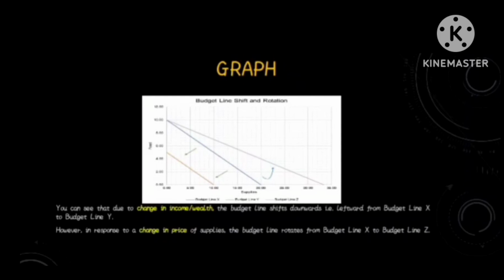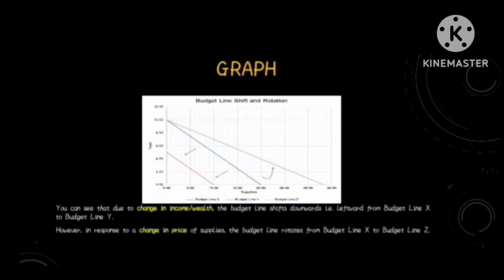The other line, however, in response to a change in the price of supplies, the budget line rotates from budget line X to Z. Now it has moved to a rightward position, and it is not parallel. Carefully observe the graph that it rotates. So in shifting it moves to a parallel position, and in rotation these lines are not parallel to each other, and the curvy arrow shows the rotation of the budget line.